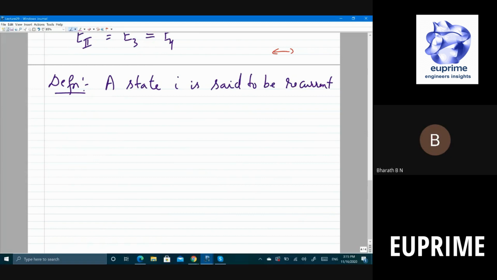State I is recurrent if, when I can communicate with J, it implies J can communicate with I. That means if I can talk to J, then J should be able to talk to I.